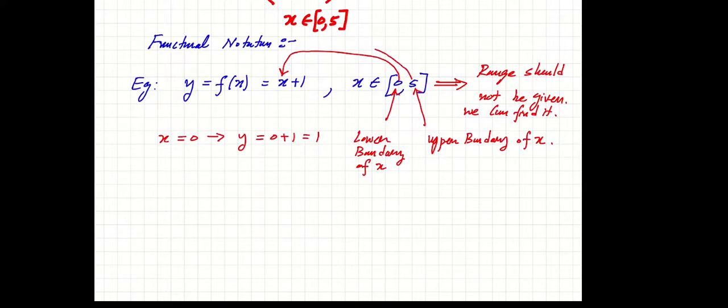When you put x is equal to 5, its y is going to be 6. So your y would be 1 to 6. That's how you find the range. So the range shouldn't be given to you. You can find it when the domain is given.